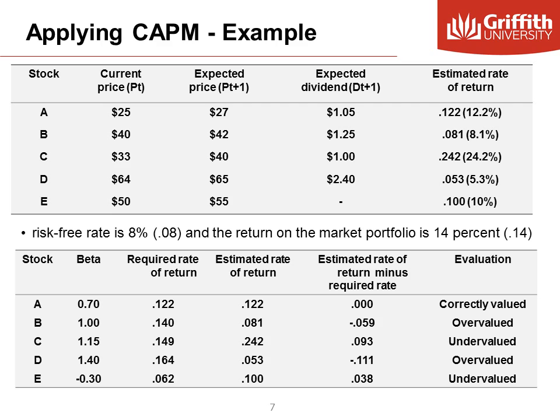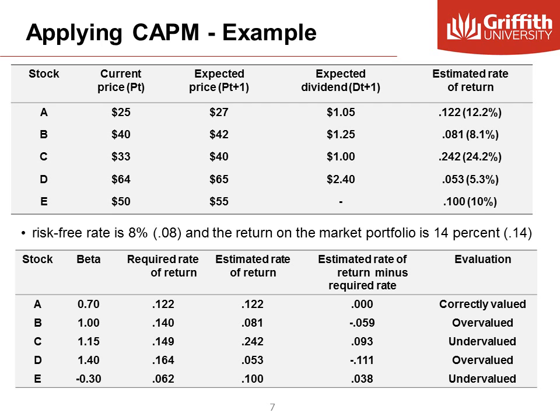So for share A, it's 12.2%. For share B is 14%. For share C is 14.9%, and so on. For each stock, this expected return or required rate of return is compared with the estimated return calculated in the top part of the table.